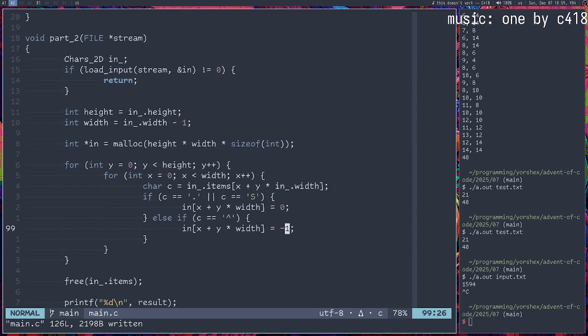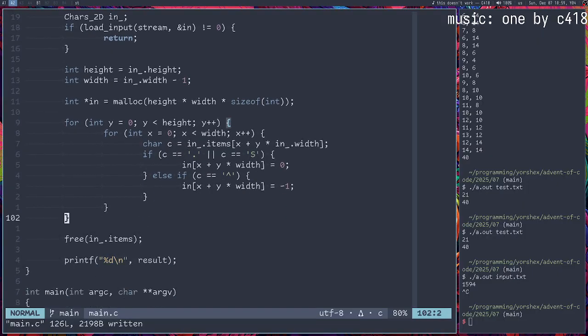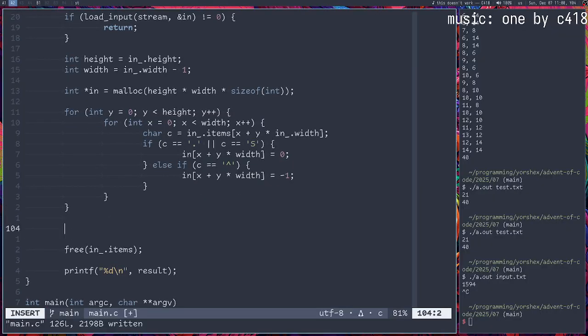Some kind of special value, if you get what I mean. So just convert result like that. So now we could start calculating the actual value.